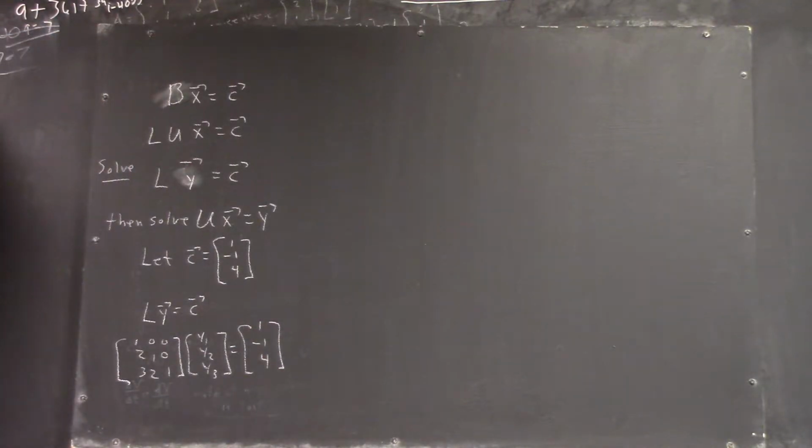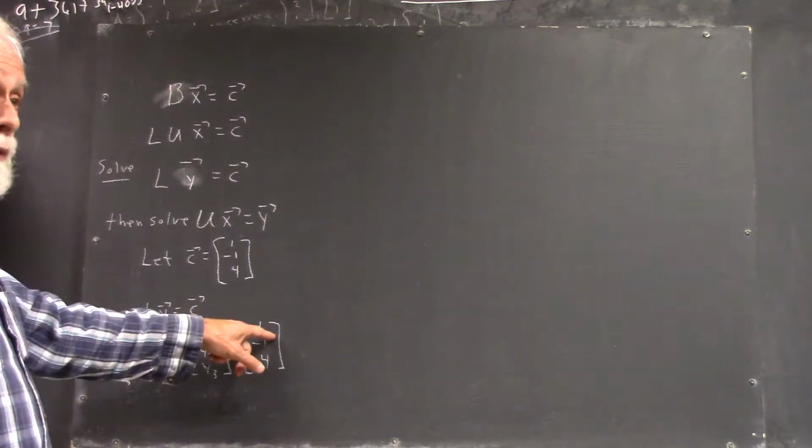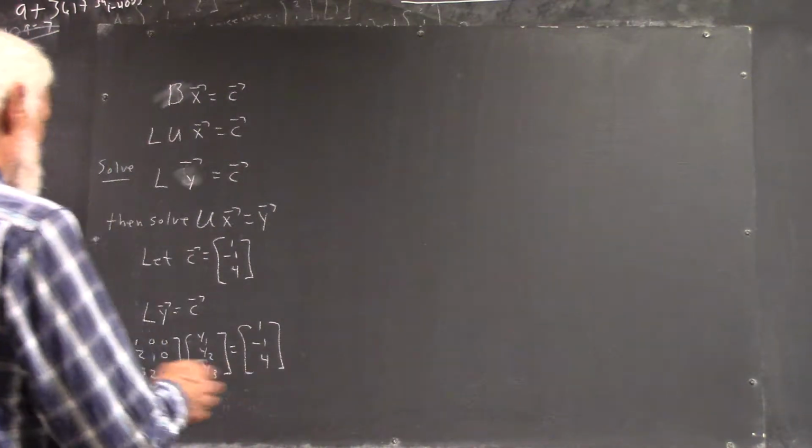Well, we're just going to use forward substitution. Doesn't this first row times this tell us that y1 equals 1? So I can write out the system.